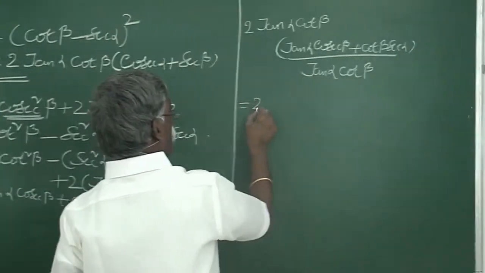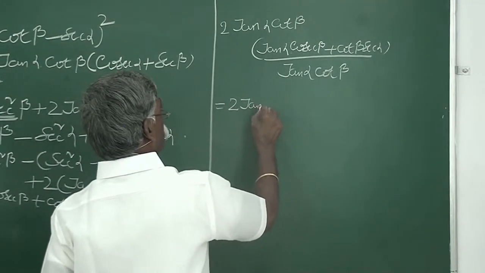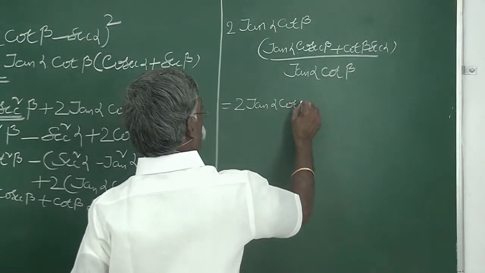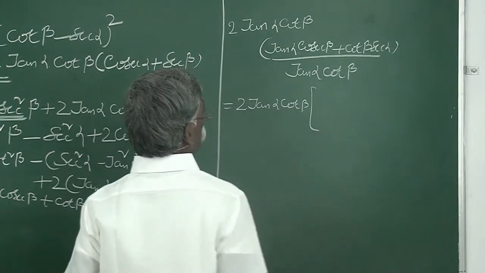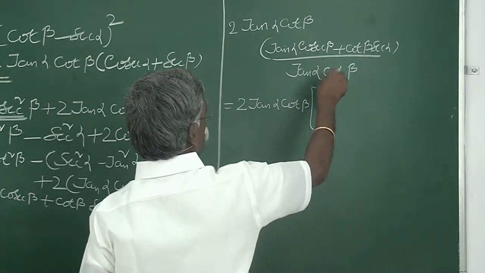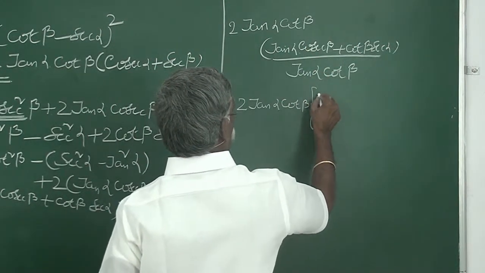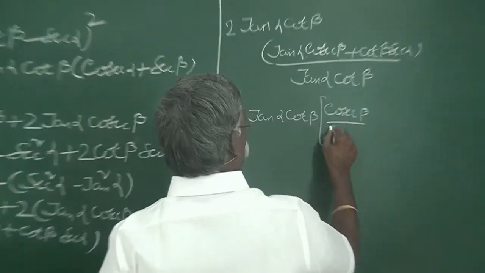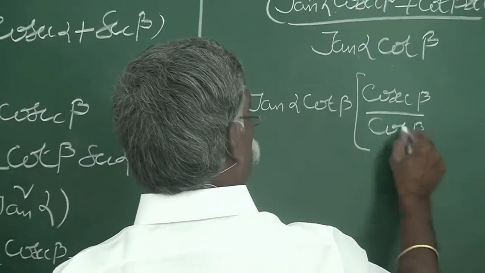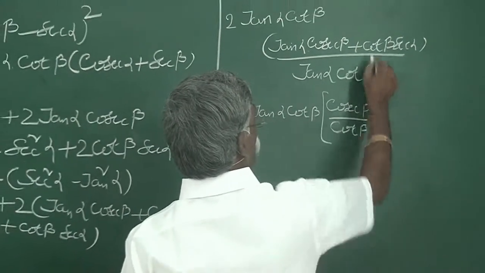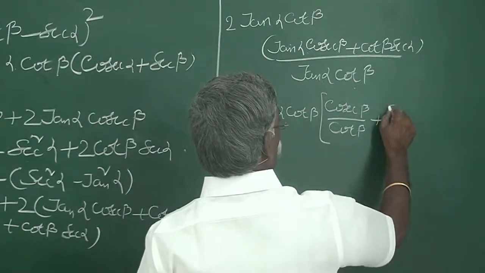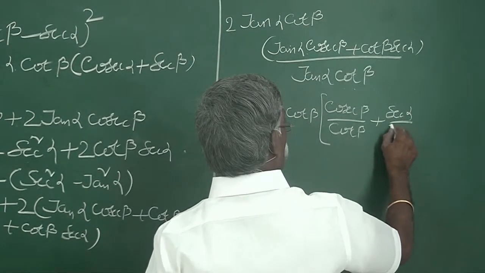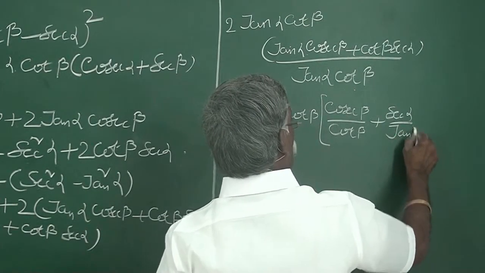Now, this is 2 tan alpha cot beta into, when we split this, tan and tan gets cancelled, so you are left with cosecant beta by cot beta plus here cot beta gets cancelled, we are left with secant alpha by tan alpha.